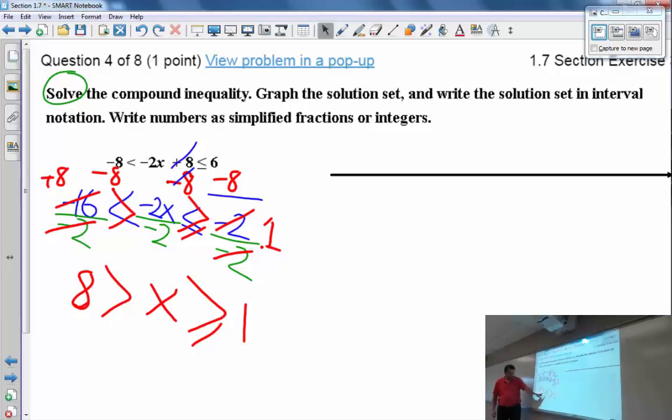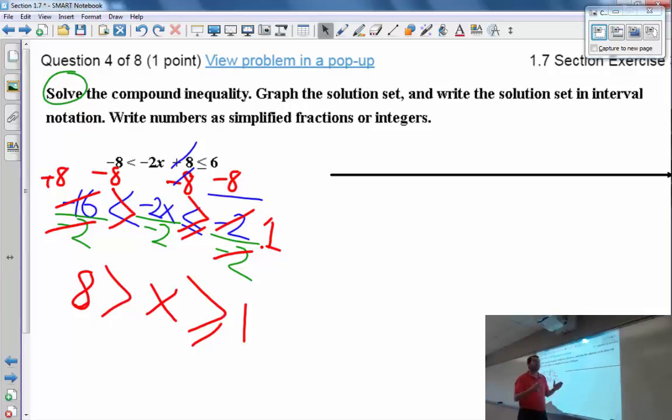Less than, yes. It's inside the fish mouth, so it's less. x is less than 8. Now let's read this side. Keep that in mind. x numbers are less than 8, but those numbers should also be, what does this mean? Greater or equal to 1. So you want to be more than 1, but less than 8.